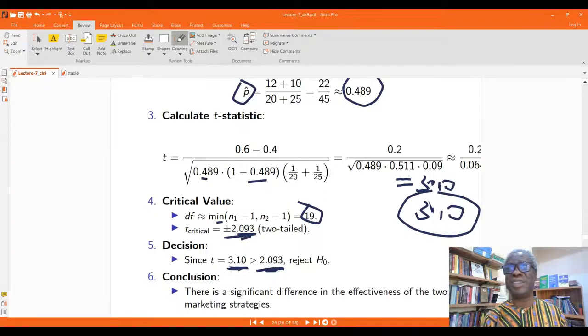How do we move further from there? Those are things we will learn, if not in this series, in subsequent series, as we advance in hypothesis testing or statistical inference.